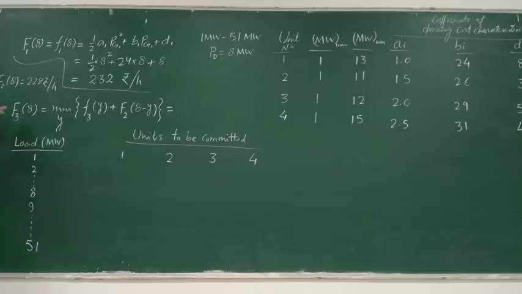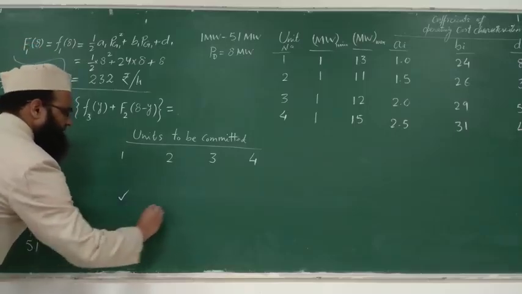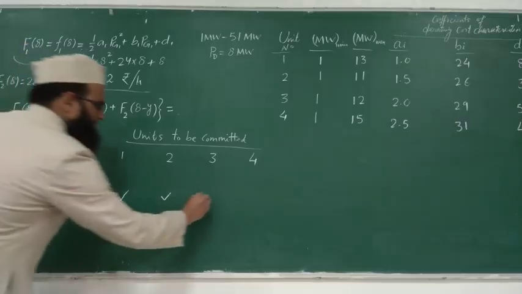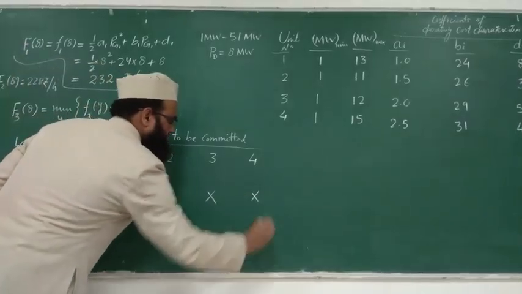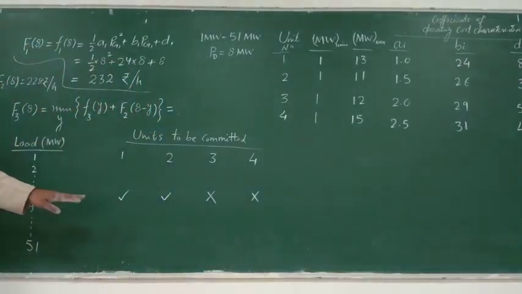And again, F4 8 is coming out to be more than this. So you can conclude that F2 8 is more economical. So to meet 8 megawatt demand, the units to be committed will be first and second. So we will write here this, cross here, cross here. Are you getting this?